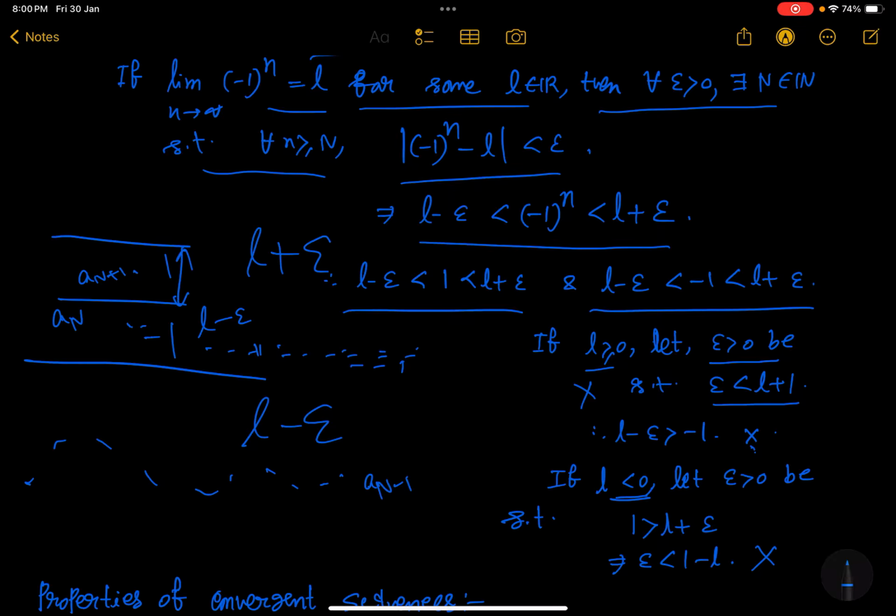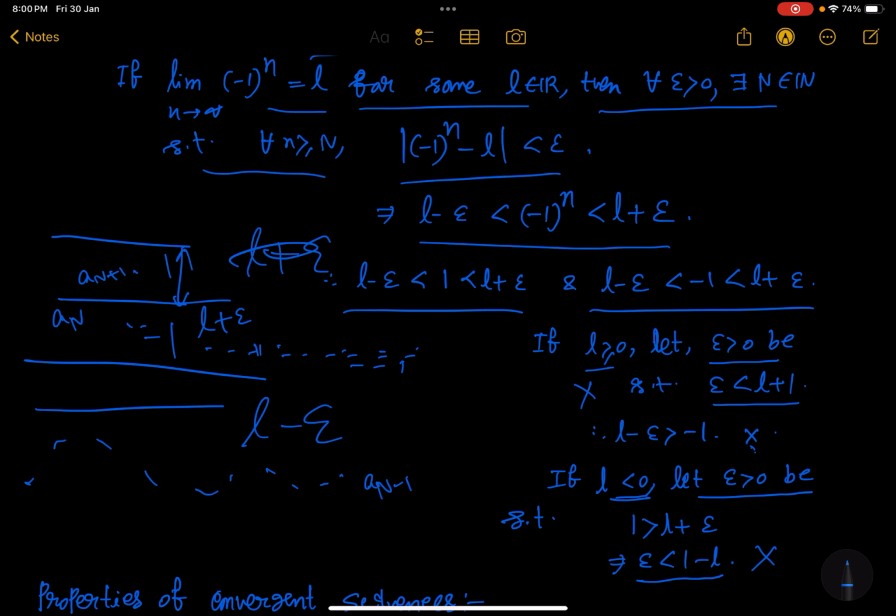Similarly, if L is strictly less than 0, let epsilon be positive such that epsilon is less than 1 minus L. And this is possible because if L is negative, then minus L is positive, so 1 minus L is also positive. So epsilon is between 0 and 1 minus L. In this case, we get that L plus epsilon is less than 1.